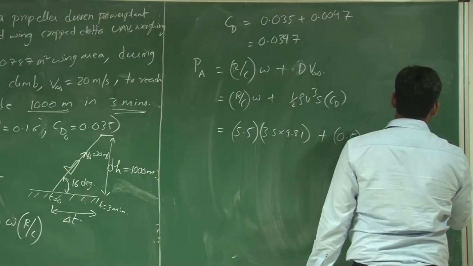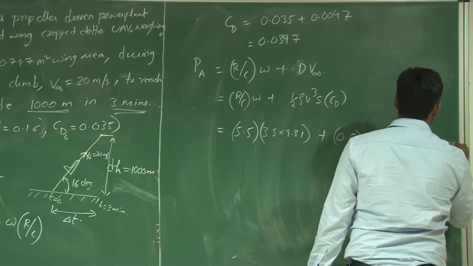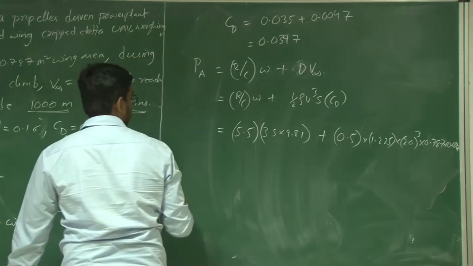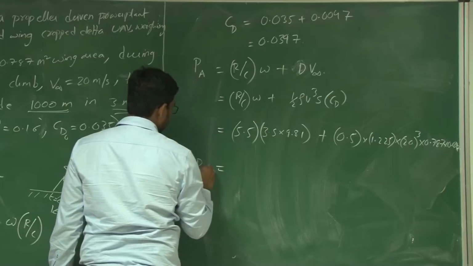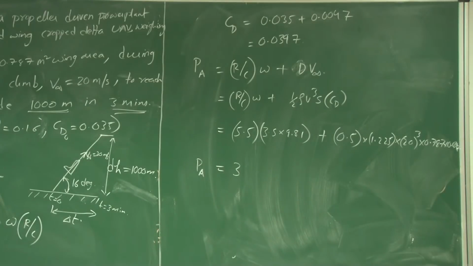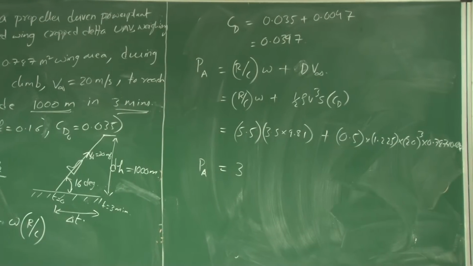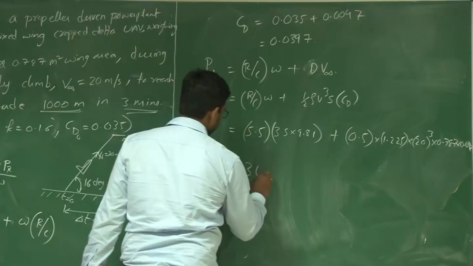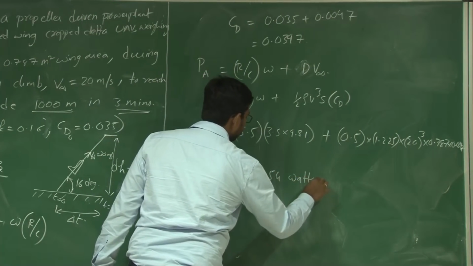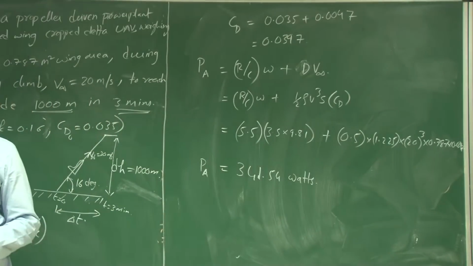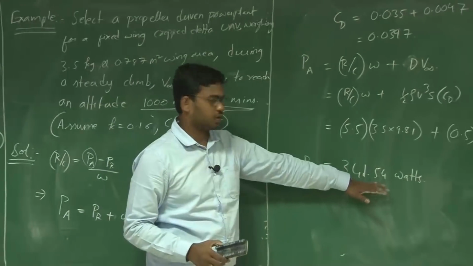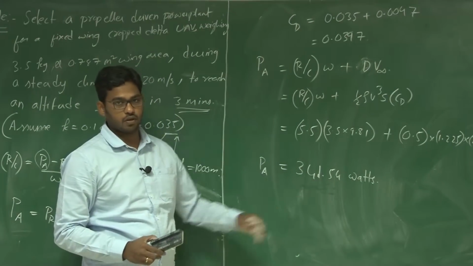What is the CD value? Is 0.0397. So the power available should be 341.54 watts. So this should be the power output from the power plant, right? You should select a power plant which can deliver this much useful power, right?